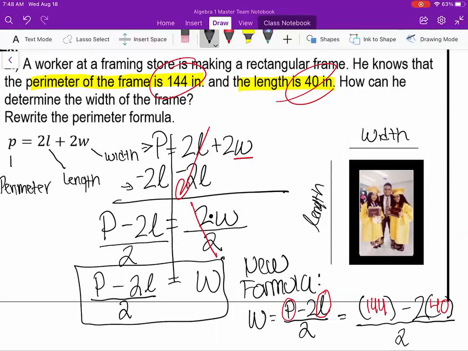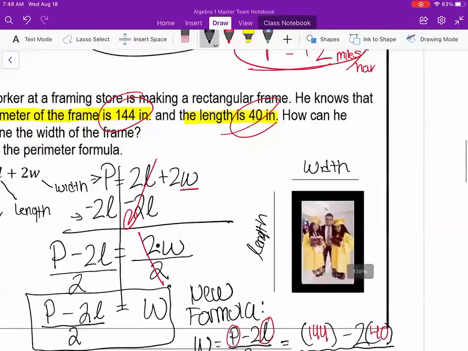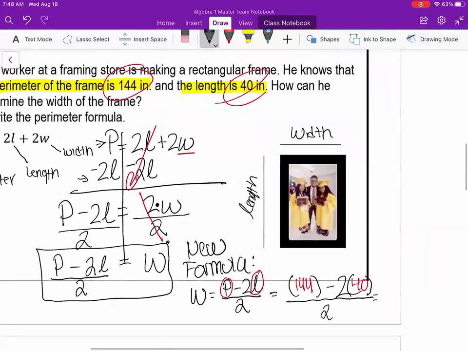Cool. Now, all I'm going to do is do the math. And I can just plug all of this into my calculator. 144 minus 2 parentheses 40. So that gets me, and I'm sorry, I'm kind of running out of space. I'm gonna do the top first.